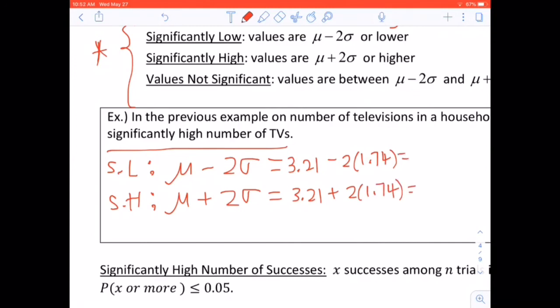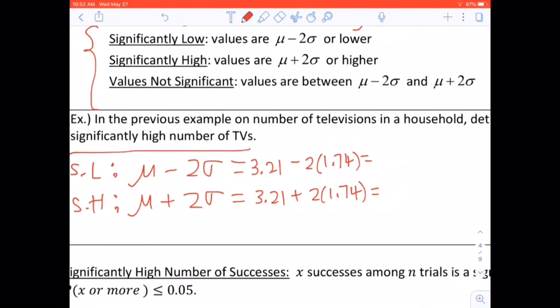Working both of these out, I'm going to round to 2 decimal places, since that's what we've been doing for this problem. And I'm going to have negative 0.27 and 6.69.